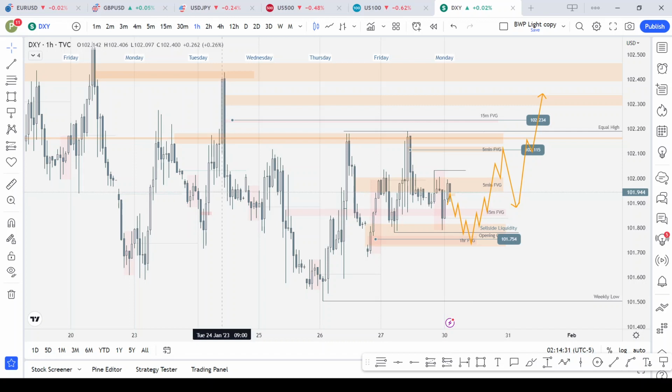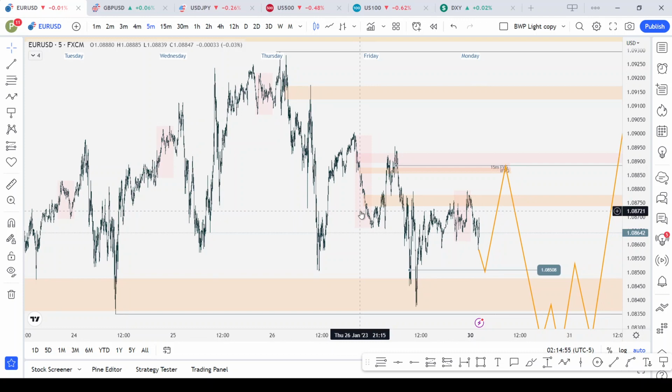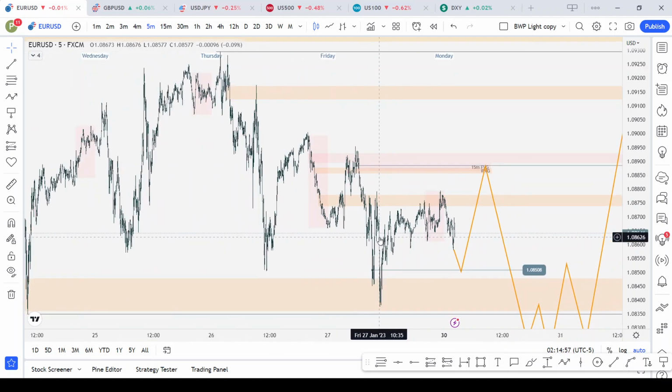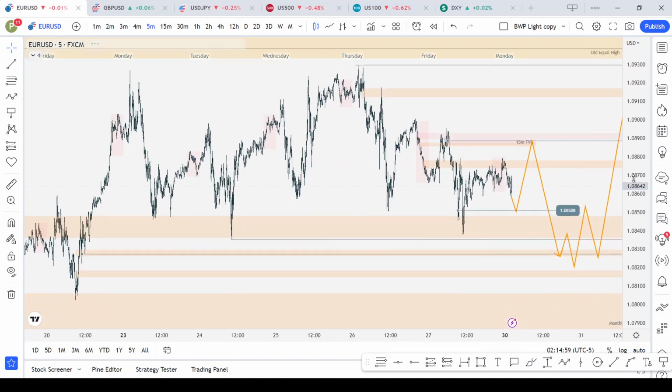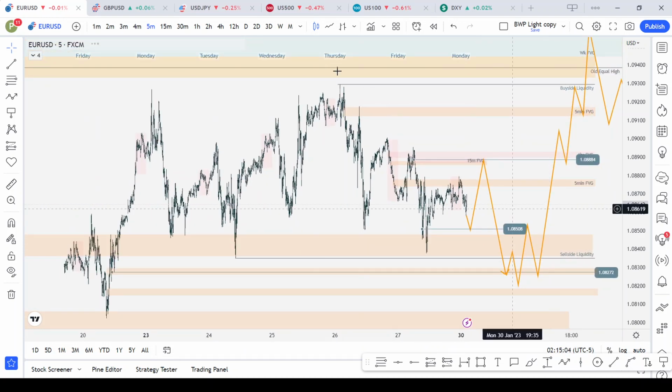Okay, so it takes out Tuesday, not Wednesday. EU takes out Tuesday's low, and DXY fails to do the same thing. That will confirm a rejection on DXY to take out this downside liquidity, and on the other hand, on EU, it will confirm a long to take out all these levels.